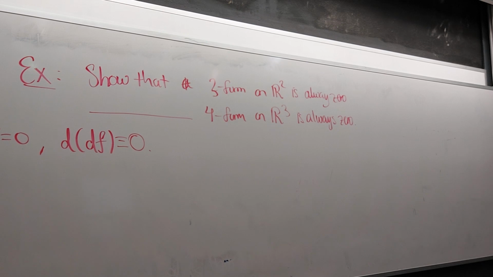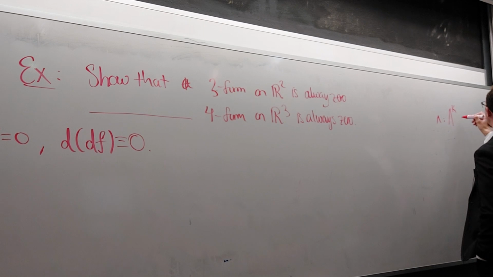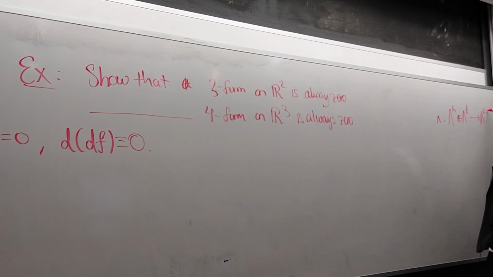It's a meaningless notation really, because lambda k denotes a space of things, and lambda L denotes a space of things. What I really mean is this: the wedge product is a map which takes in a k form and an L form and outputs a k plus L form. That's really what I mean.